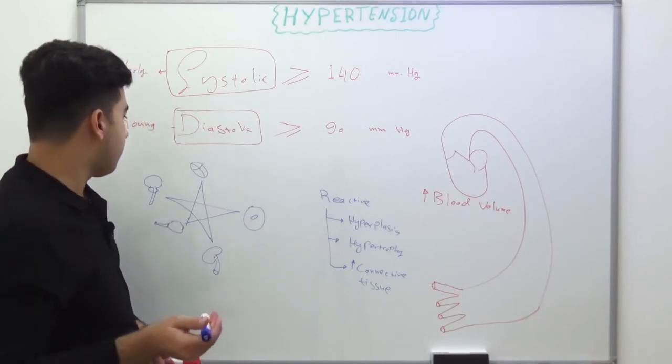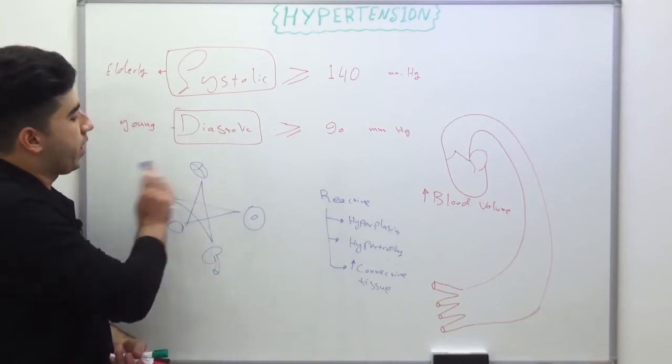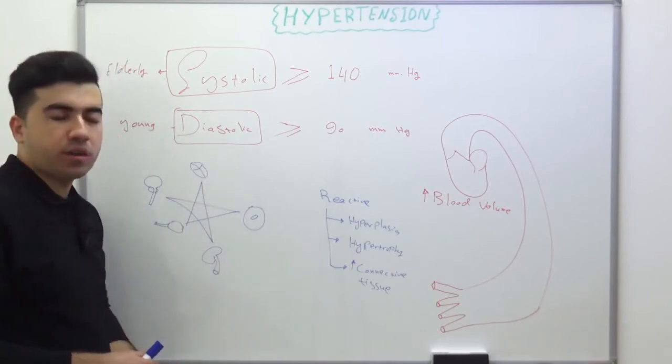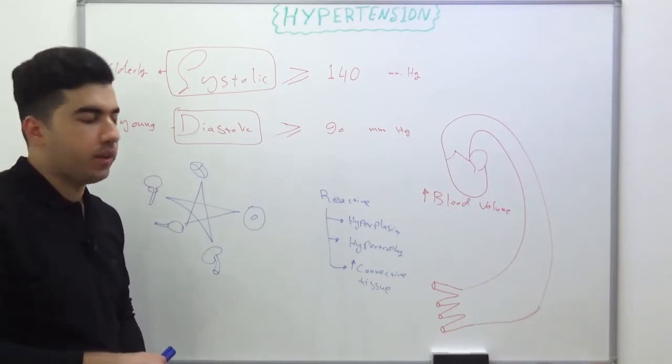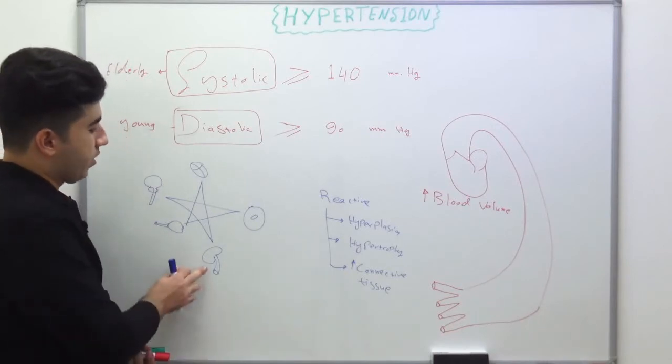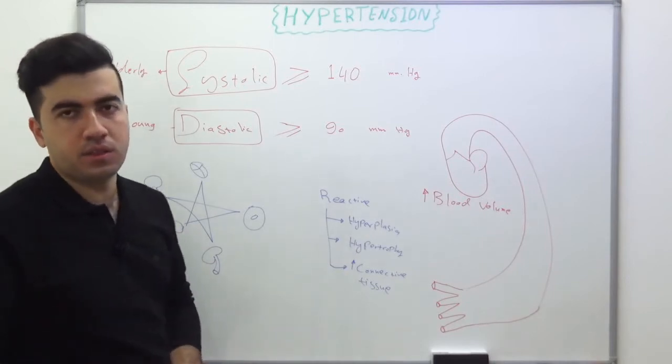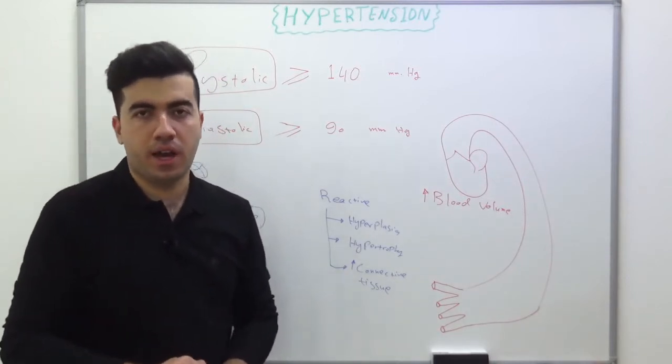So the 5 complications of hypertension are heart disease, vascular disease, including the aorta and major blood vessels or also other smaller blood vessels, kidney disease, retinopathy, and CNS complications of hypertension.